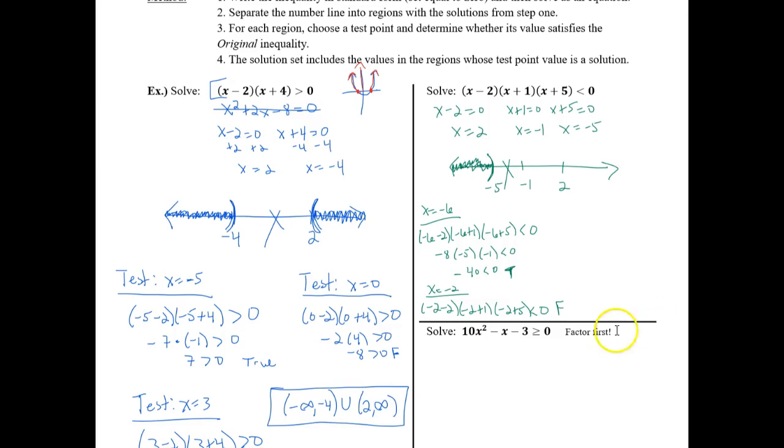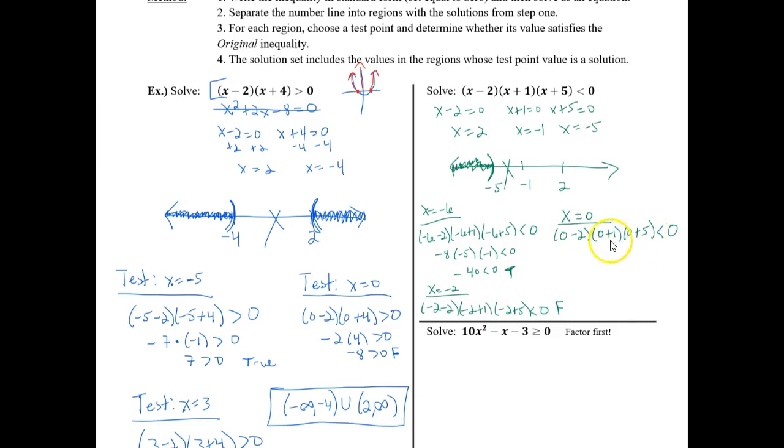Now I'm going to test something between -1 and +2. Since it's switching from negative to positive, I know 0 has to be in there, and 0 is a nice, easy value to pick. So 0 minus 2, 0 plus 1, 0 plus 5. Is that less than 0?